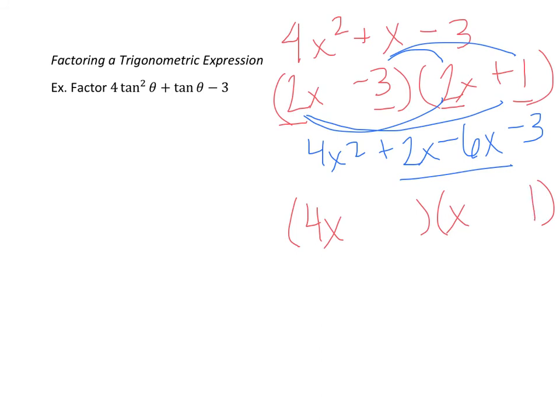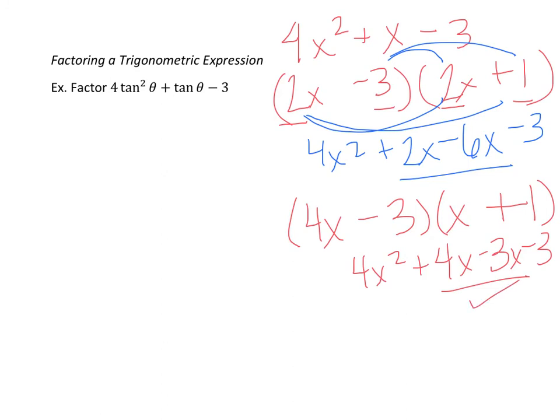If I put a 1 there, I'll have a 4x. And if I put a 3 here, I'll have 3x, so I could subtract them both. And which one do I want to be positive? The 4. So that's going to give me 4x squared plus 4x minus 3x minus 3, and that's going to check out.